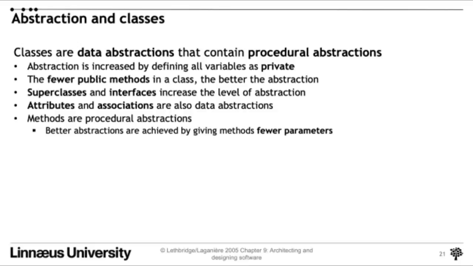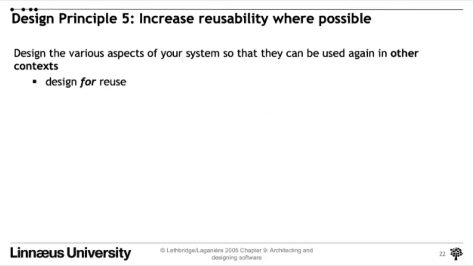Better abstraction is achieved by giving methods fewer parameters. If you have too many parameters in one method, it is also a sign that the design is bad, because having many parameters increases the coupling, for example, which means that you are relying on many different classes from your class, and that's not very good.